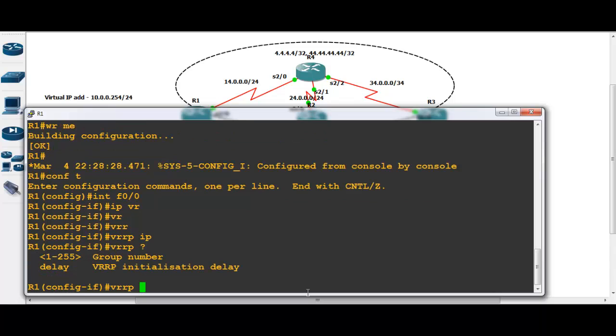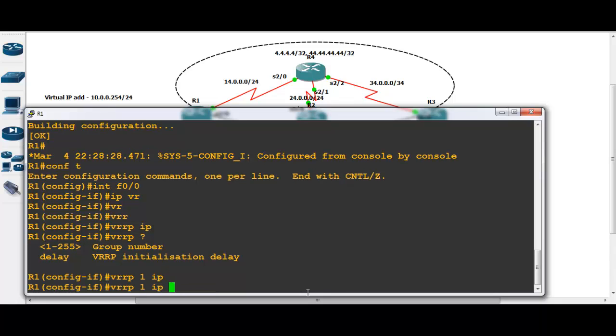I need to give a group ID. Let's say 1. Now this is the ID that I was talking about in the MAC address. In the MAC address, the last two numbers, GG, I wrote. Because I'm typing 1 here, the GG will become 01. And then what IP address do I want to give? 10.0.0.254.